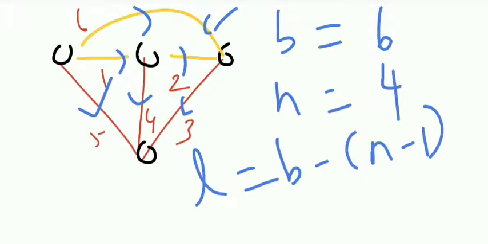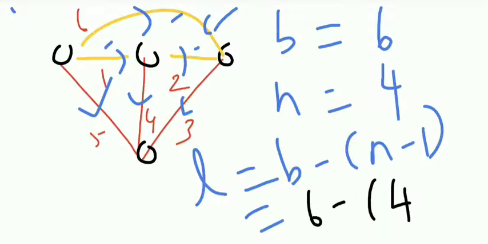So 3 links. This is one, this is one, this is one. 3 links. Total nodes 4. So branches of my graph is 6, right? And nodes are 4, and 4 minus 1, that is equal to 3. So 3 links. Number of links can be expressed in the form of b minus n minus 1.